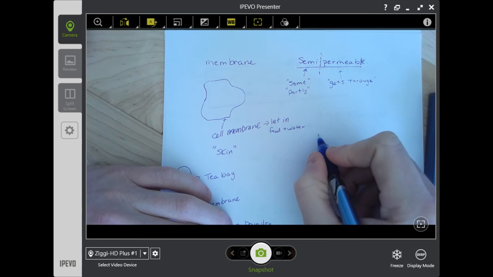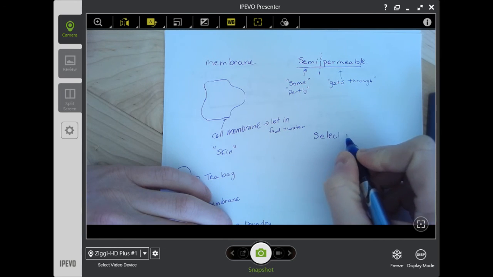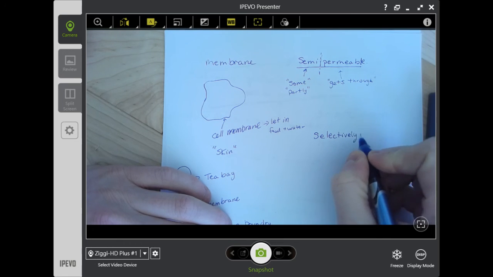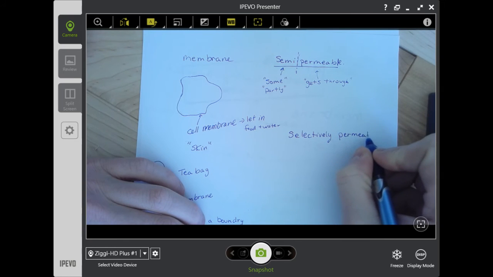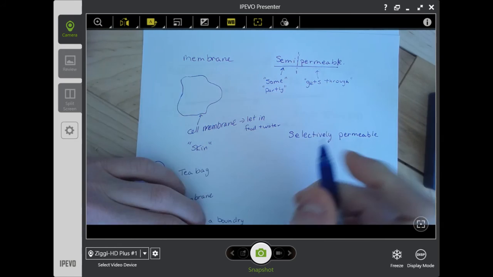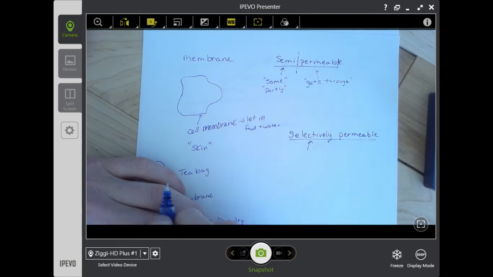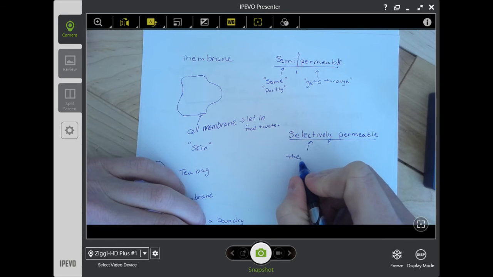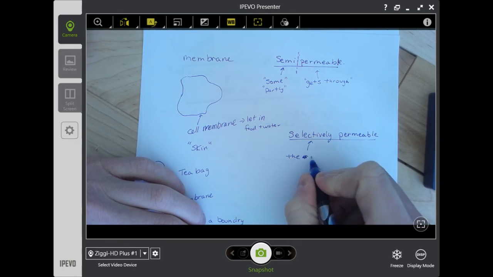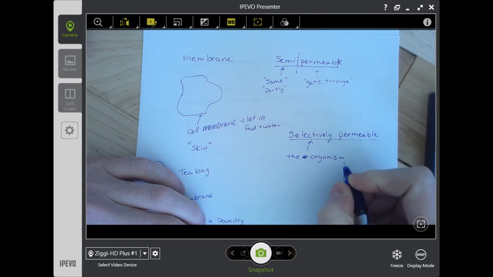What we're going to talk about as well is this idea of selectively permeable. Okay, which is the same idea. Some will get through and some won't, but this idea of selectively, this only happens in living things. Sorry, the organism, like us or a cat or a cell or plant.